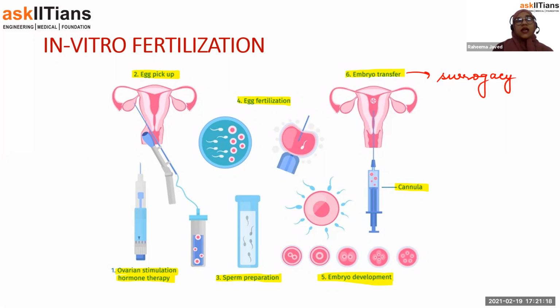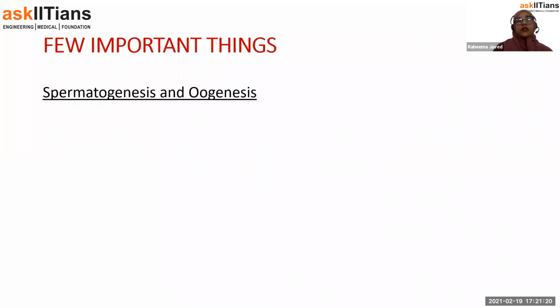Okay, so guys, now I'm going to discuss a few important things with you. So you can see what is written here: spermatogenesis and oogenesis. Okay, spermatogenesis is the process of formation of sperm.